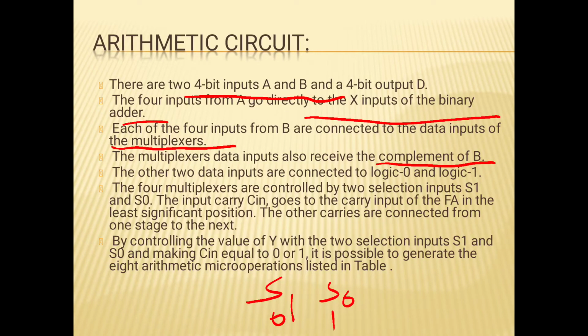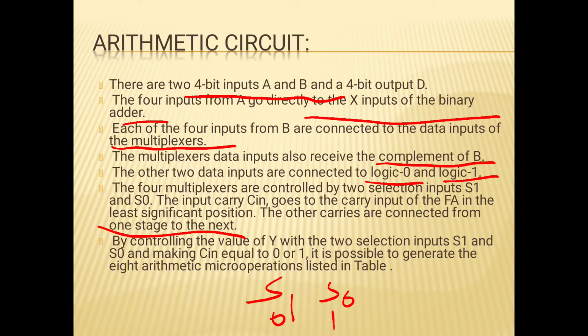And the other two data inputs are connected to logic 0 and 1. The 4 multiplexers are controlled by 2 selection inputs, that is S1, S0, as we already discussed. And the input carry Cin goes to the carry input of the full adder in the least significant position. The other carries are connected from one stage to the next.